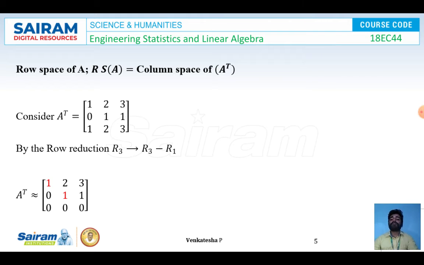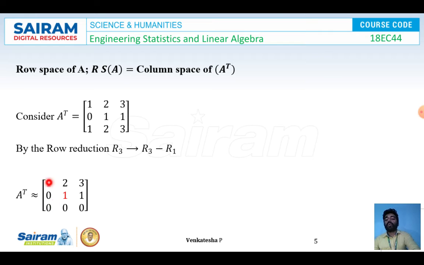A transpose is [1, 2, 3; 0, 1, 1; 1, 2, 3]. To make this entry 0, the operation I'm going to use is R3 implies R3 minus R1. With this operation, the complete R3 row becomes 0. So A transpose is [1, 2, 3; 0, 1, 1; 0, 0, 0].